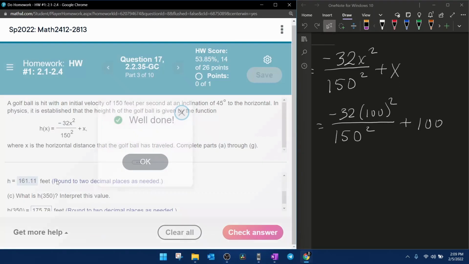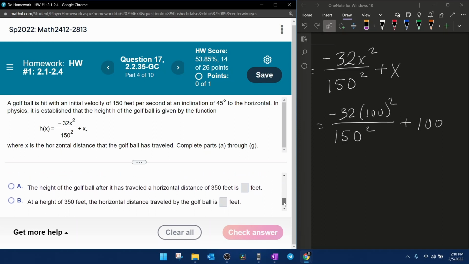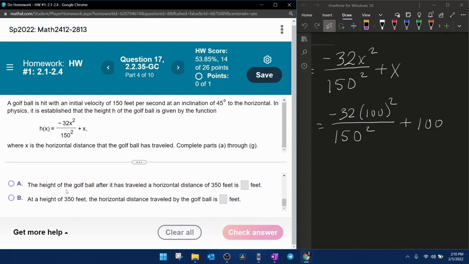175.78 feet. Now then, it says interpret the value of h of 350. Choose the correct answer below and fill in the answer box to complete your choice. All right, so what are the options here? It says the height of the golf ball after it has traveled a horizontal distance of 350 feet is, that's what we just calculated.